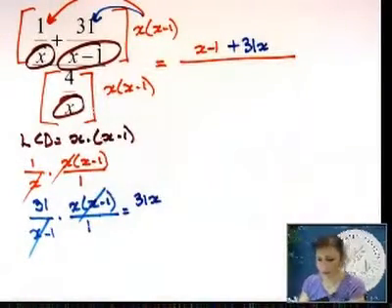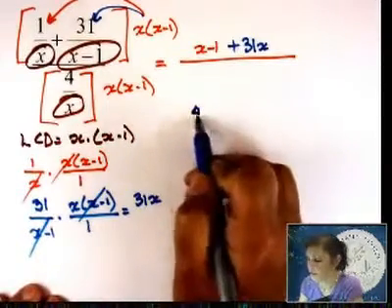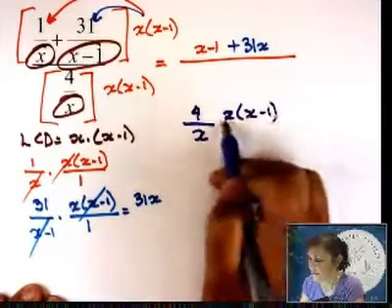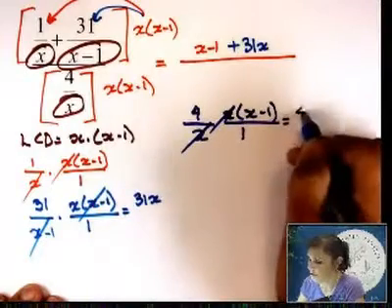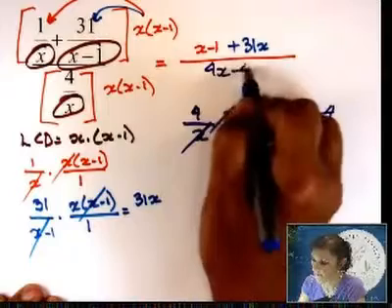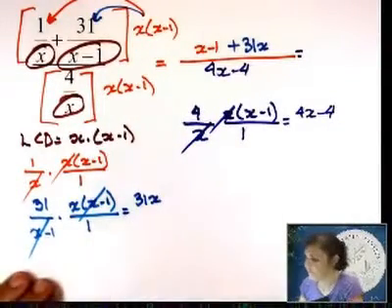At the bottom, what do I have? Let's do a different color. You have 4 over x, x, x minus 1. These two will go. You're going to end up with 4x minus 4. Put it all together.